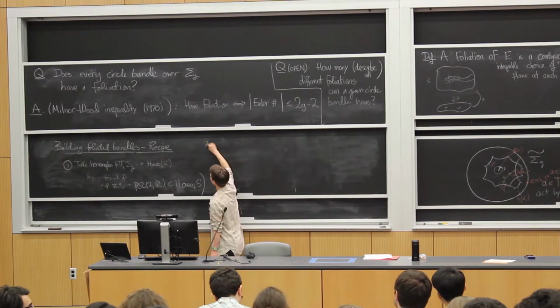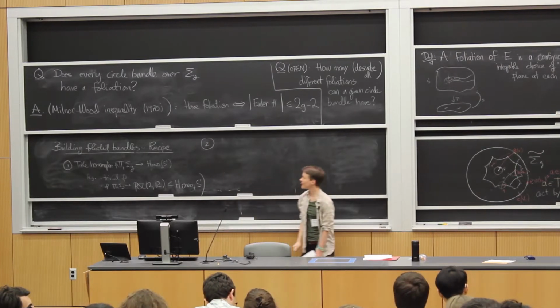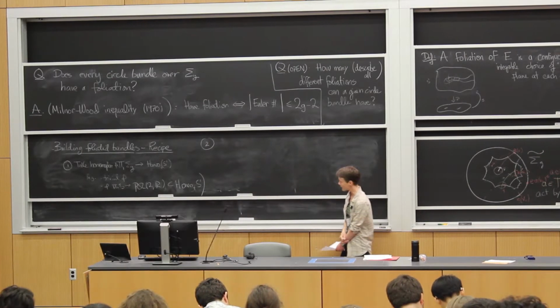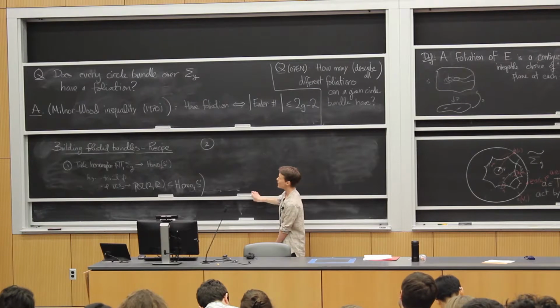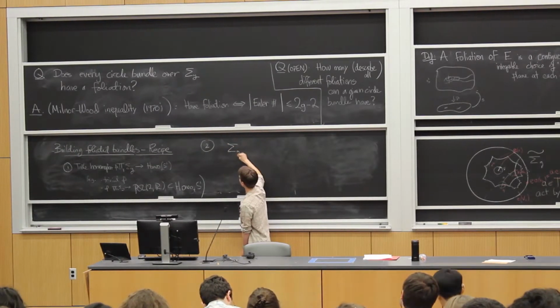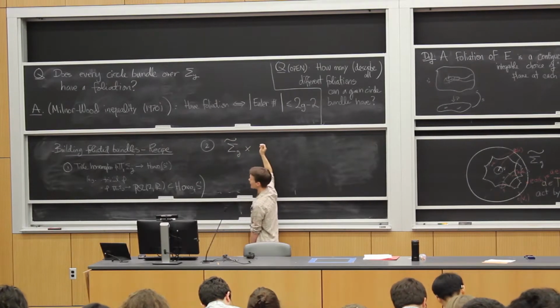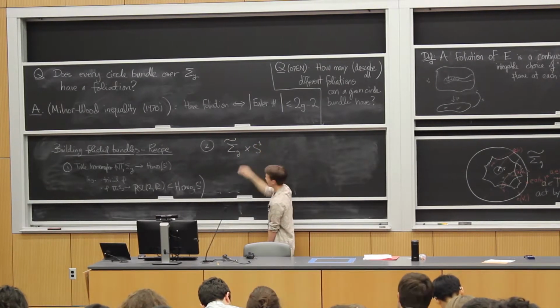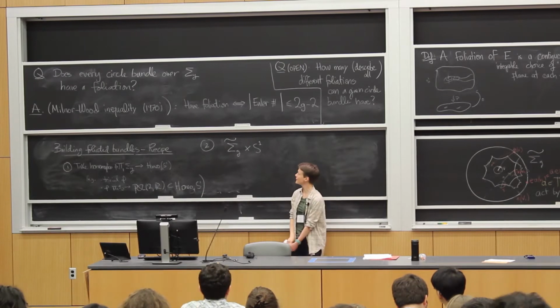And two, I'm going to use this to just build a space. Take the universal cover of your surface, take the product with a circle. So it's like this picture I'm recreating.